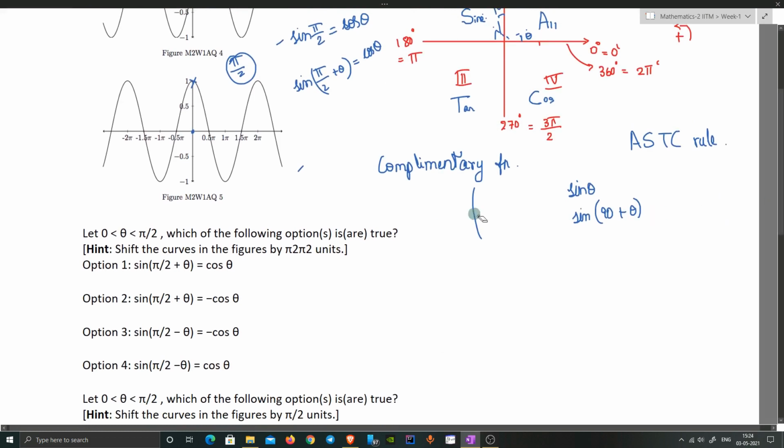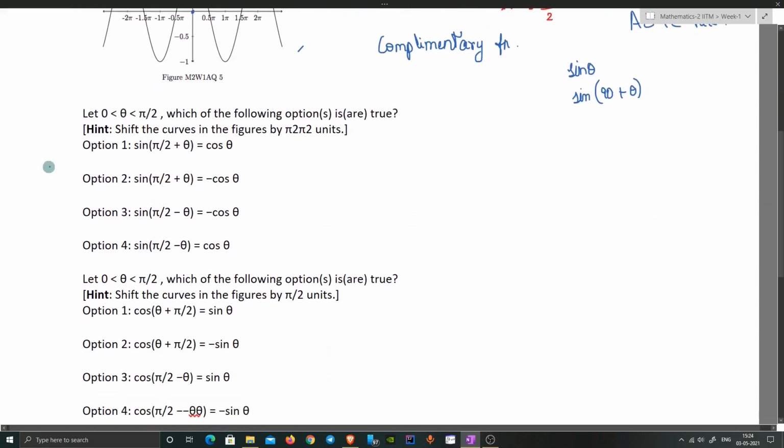So similarly, using these concepts, let us try to answer the following questions. So the first question is, again, these are all multiple select questions, so we have to check all of the options, right? So the first question is sine of pi by 2 plus theta. So we know that for sine of pi by 2 plus theta, if we are jumping the angle by pi by 2, we are moving into the second quadrant.